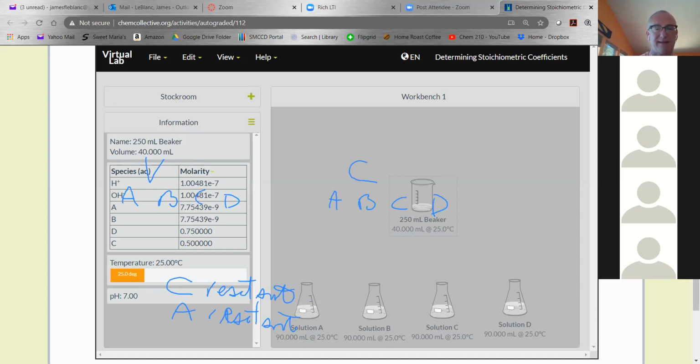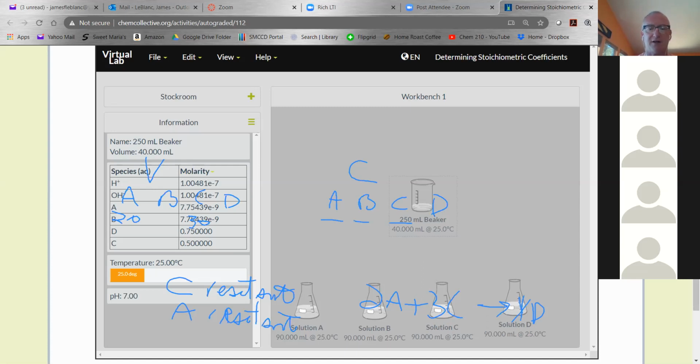So I'm not adding any B. You need to figure out, let's say the ratio is 2A plus 3C gives 1D or something. Of course, you wouldn't add the 1. So your final experiment should be 20 mils of A plus 30 mils of C, and then the concentrations at the end would be none of A, none of B, none of C, and then whatever the concentration of D would be.